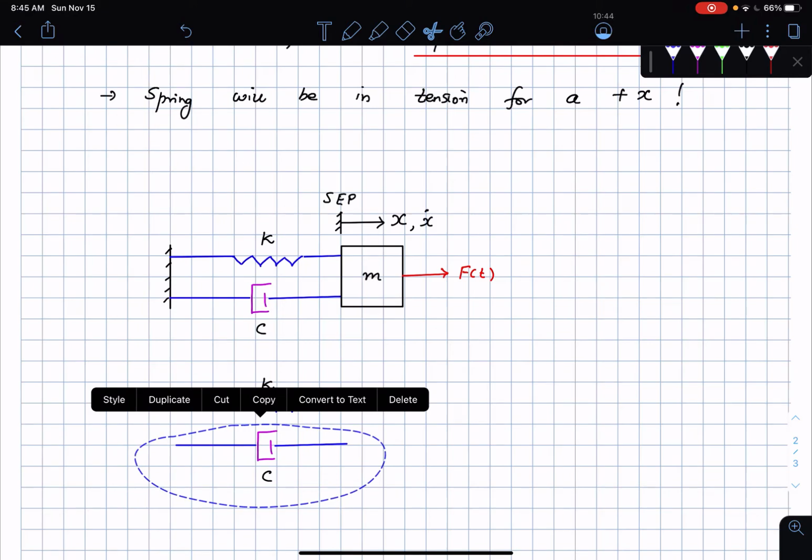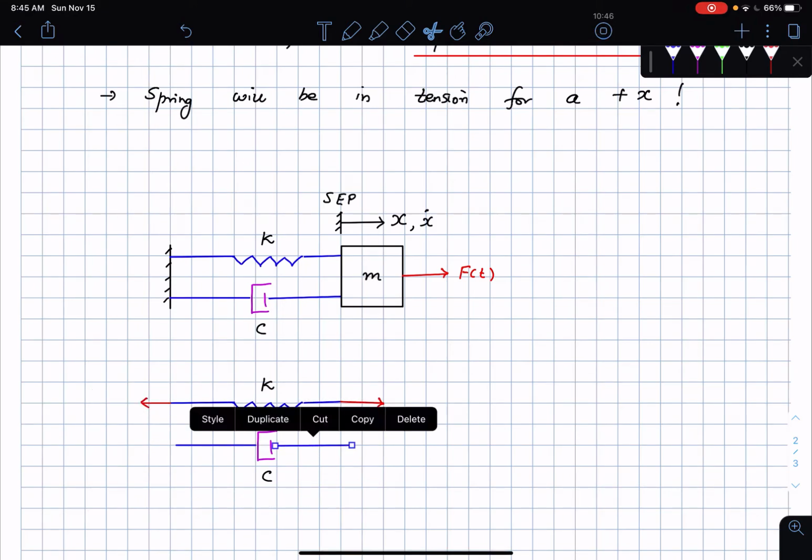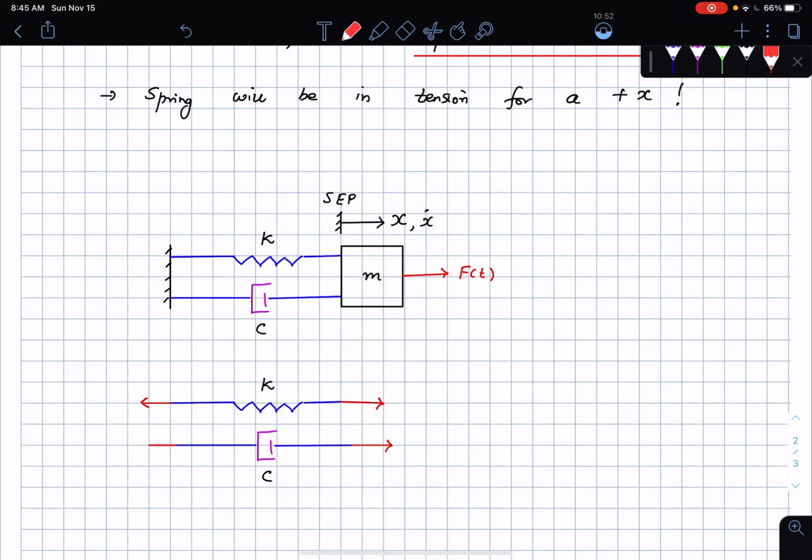I just want to make sure this is fine. This is the damping force. The damping force is also going to be pointing in this manner as we have discussed earlier. So this is the spring force, this is the damping force.